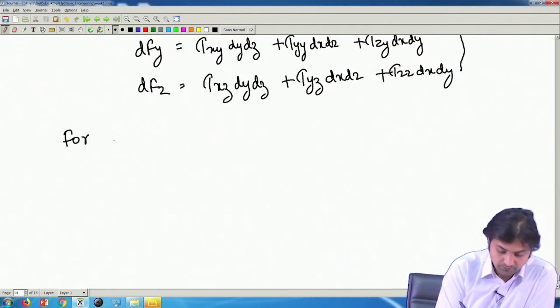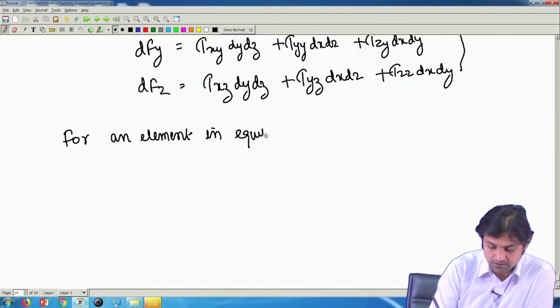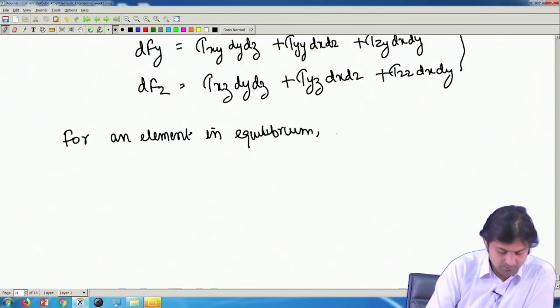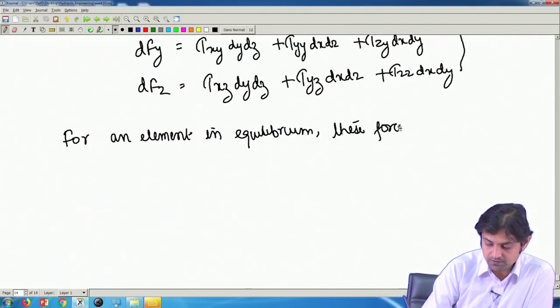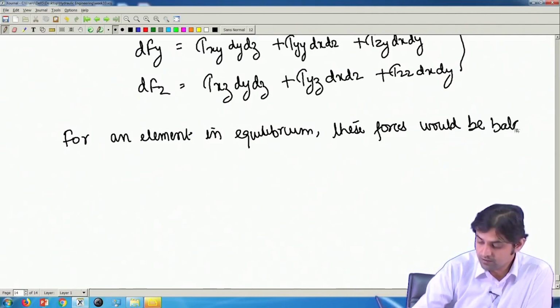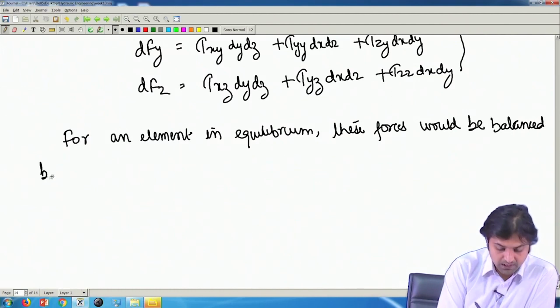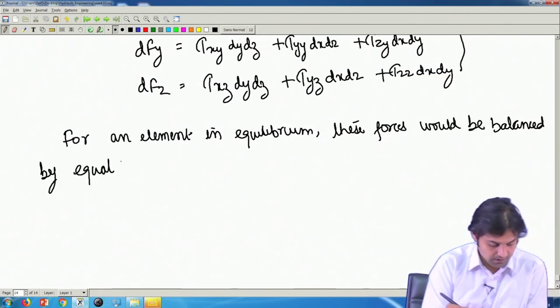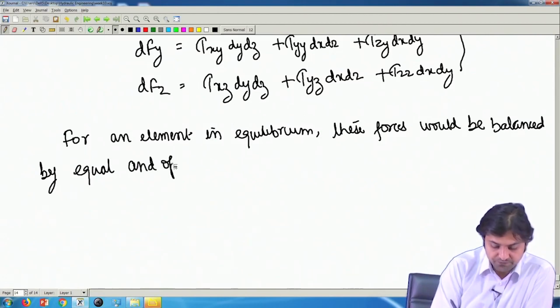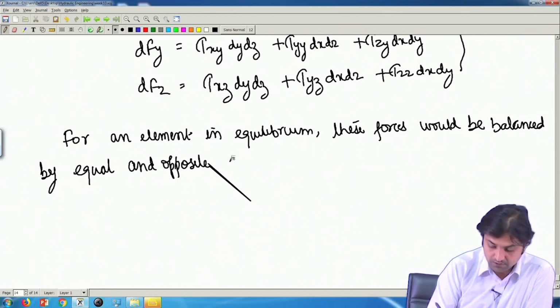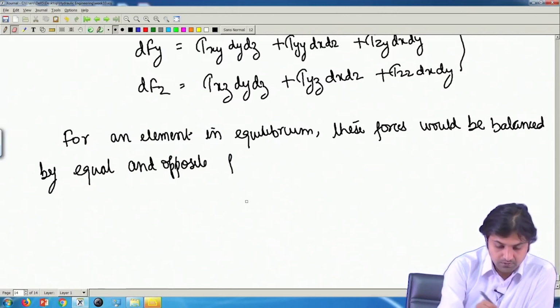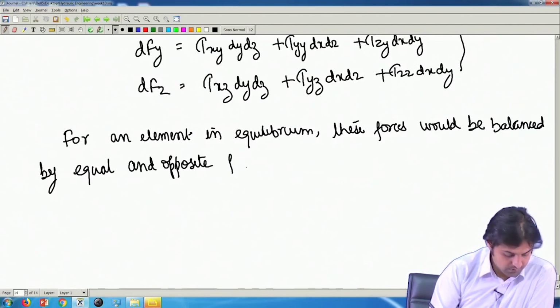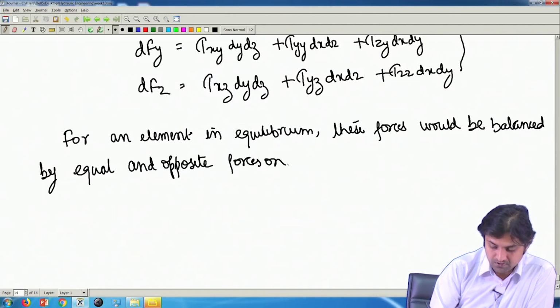All right. So for an element in equilibrium, these forces would be balanced by equal and opposite forces on the back sides.